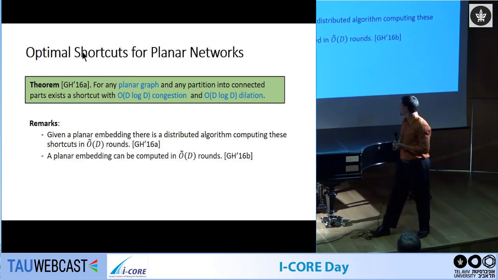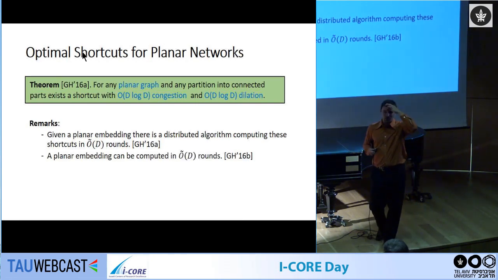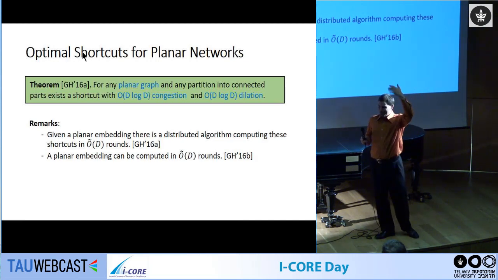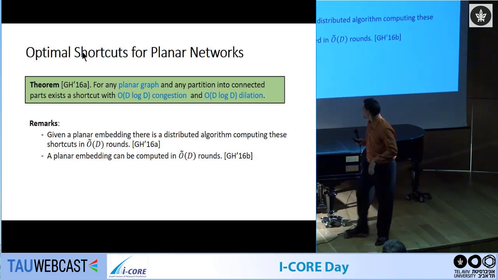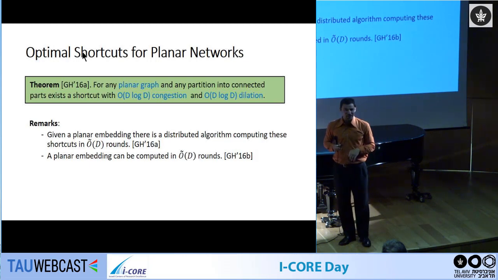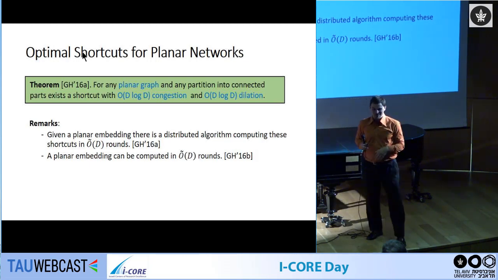And a planar embedding can also be computed in order d time. And that was actually quite a tour de force to make that happen. I went back to my very, very first results that I ever had in my life with Bob Tarjan on a simpler, more general linear time planarity test, and we made it distributed, and it worked out in order d time. It's a nice work.